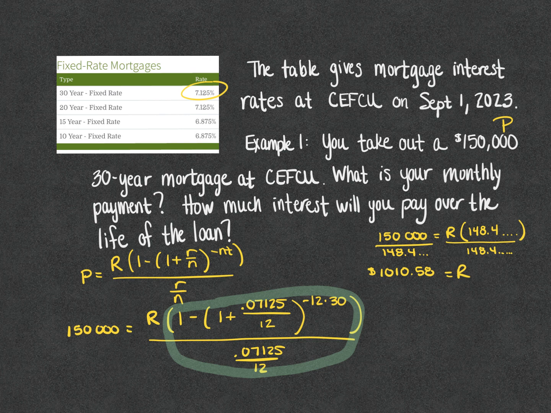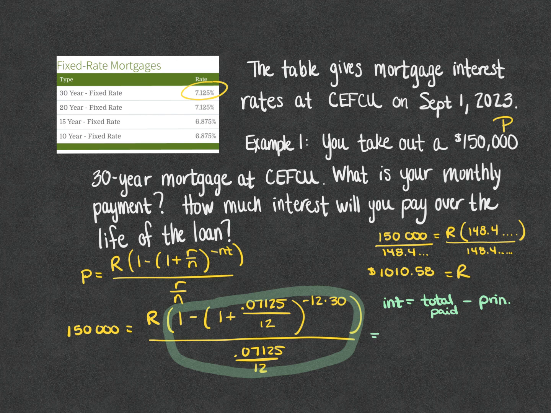Now, as for how much interest you're going to pay over the life of the loan, remember, a mortgage means that you agree to pay back the money you borrowed, the $150,000, plus all of the interest. And if you don't, the bank can come take your house. So for the interest amount, we want to find the total that we paid on those monthly payments, and then subtract the principal to come up with the amount of interest.